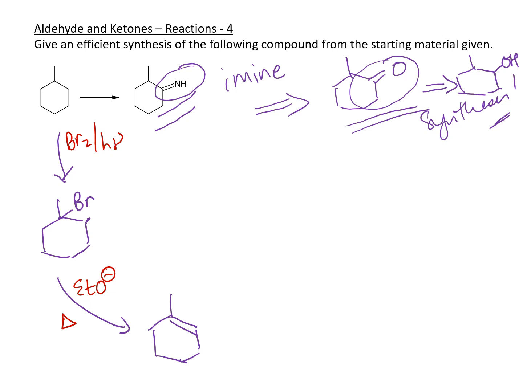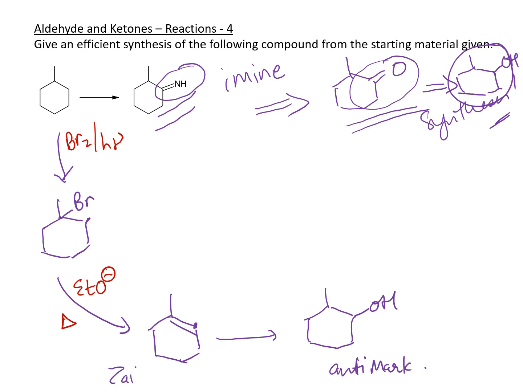So now that we have our double bond, the next step is to get an alcohol. This is what I was talking about, that we need an alcohol there. In this case, this is going to be anti-Markovnikov addition, because here you have more hydrogens on this carbon than that one, and that's anti-Markovnikov. Let me write here for Zaitsev also.